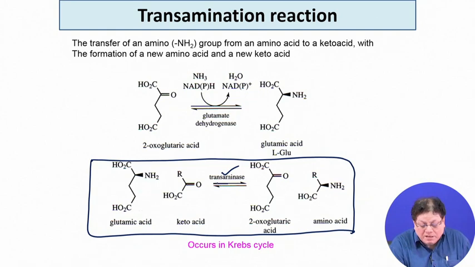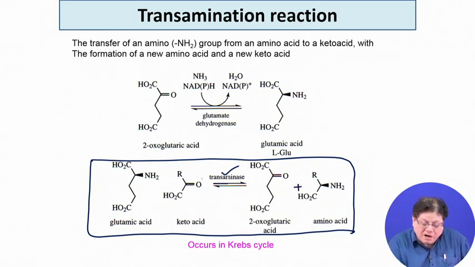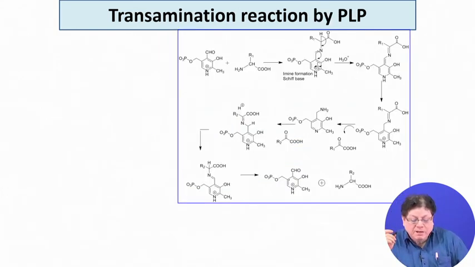So, you can call it a transaminase that takes glutamic acid and another alpha keto acid. The glutamic acid goes to the keto acid, that is 2-oxoglutaric acid, also known as alpha ketoglutaric acid or alpha KG, and in turn the starting keto acid goes to the amino acid. Okay. So, this will be called a glutamate transaminase, that means your glutamate is the amino acid part.